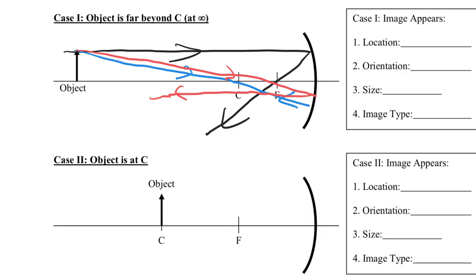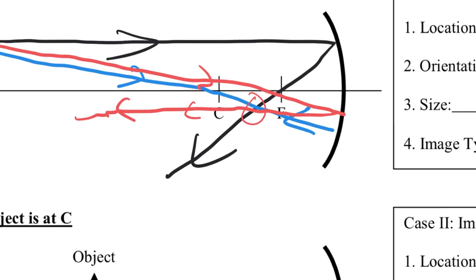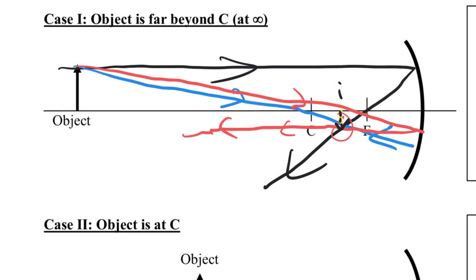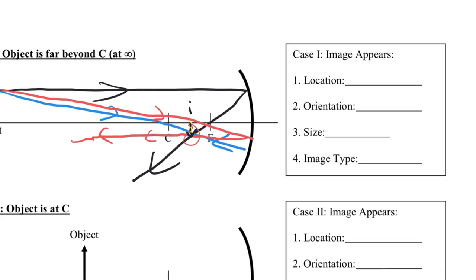Okay, so where those guys, where the reflected rays intersect, that would be right here. I would draw my image with the arrowhead of the image pointing at the intersection point. So there's my image. Here's my object. Okay, so the location is in front of the mirror.